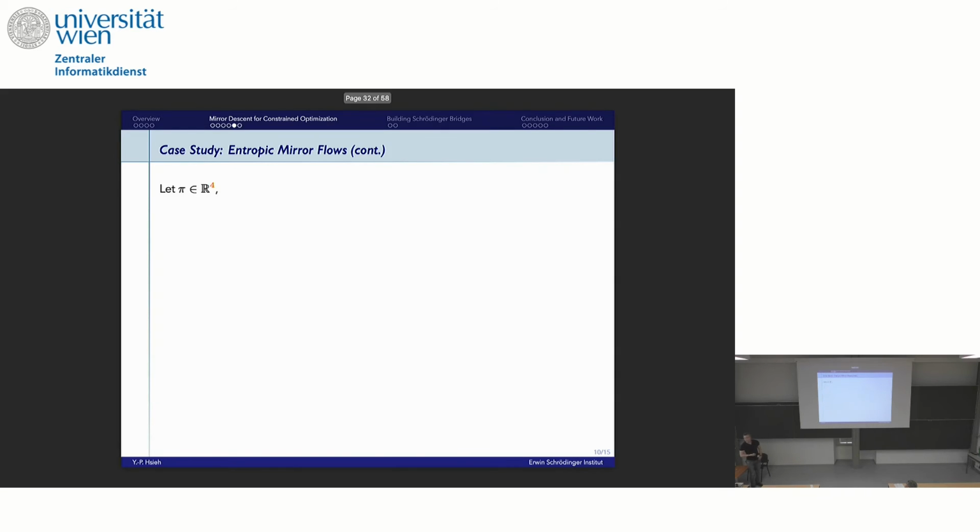Okay, so for the specific example that I want to consider, first of all, I want to fix the dimension to be 4. And as usual, I'm going to use the entropic mirror descent. So I choose the function to be entropy, and then I want to perform constrained optimization by incorporating the constraint into my conjugate.